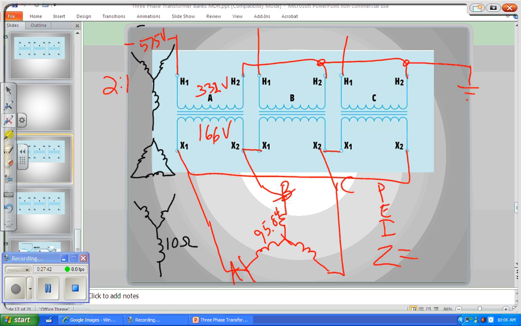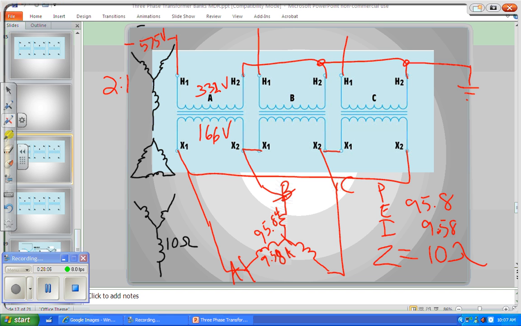Let's go over here and do our power, voltage, current, impedance. It's totally resistive, and we got 10 ohms, and we have 95.8 volts. So my current's going to be 9.58, right? So if I have 9.58 amps in my phase, now what's all the same in Y?